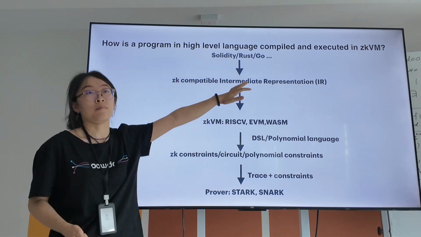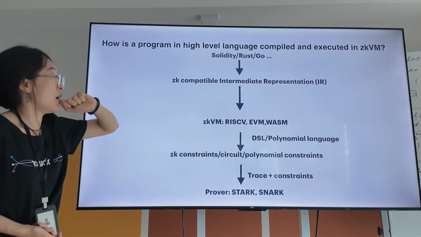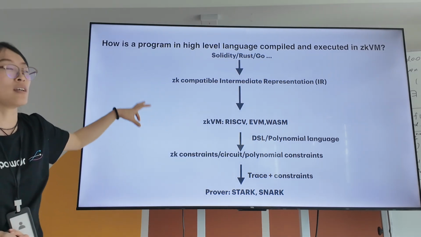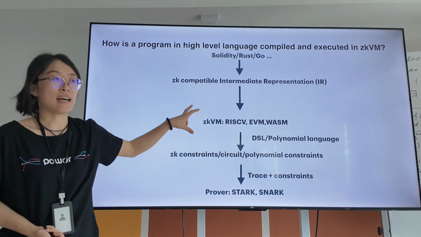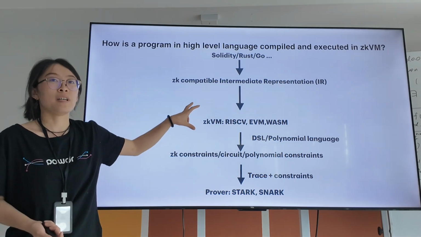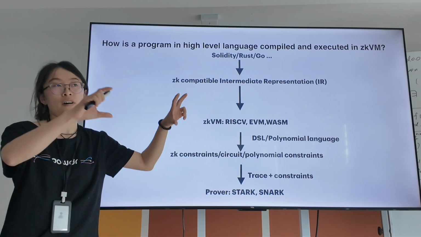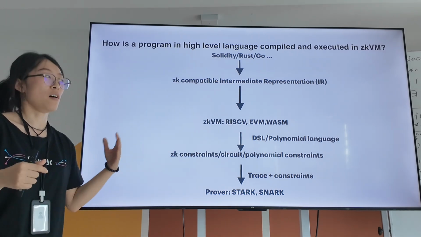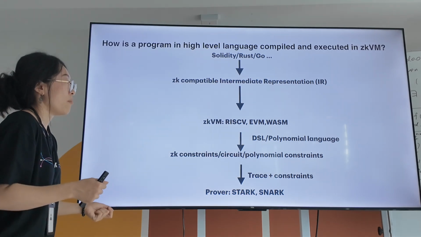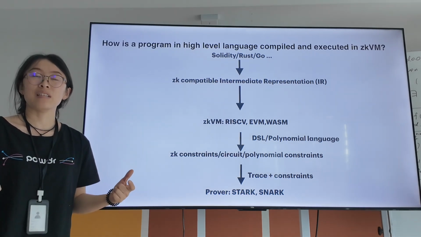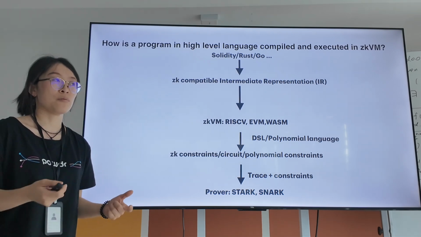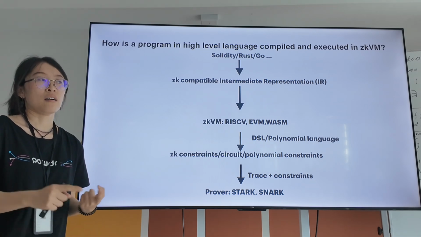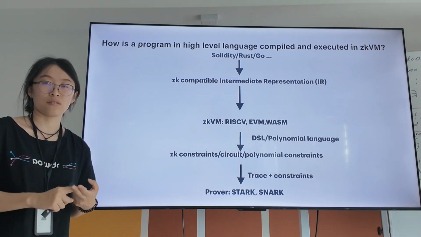But this is our ideal scenario. We have this intermediate representation, and it is platform independent. Then you can use it to translate to different architectures of the VM. This basically means you map the IR to a specific instruction set based on what architecture you choose. And because we are in a zkVM setting, we need to give a proof, and to give a proof we need constraints and witness, or you call it execution trace.